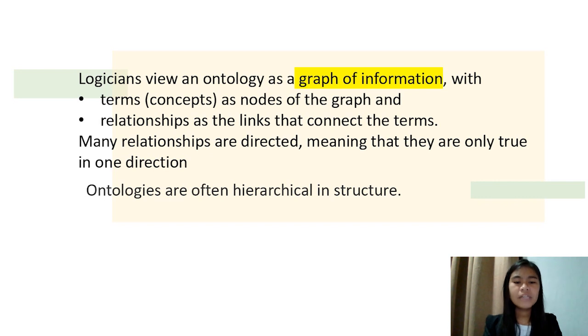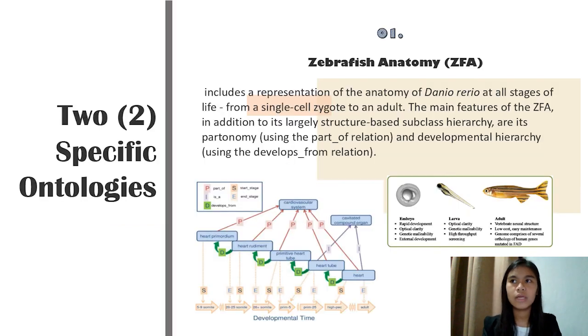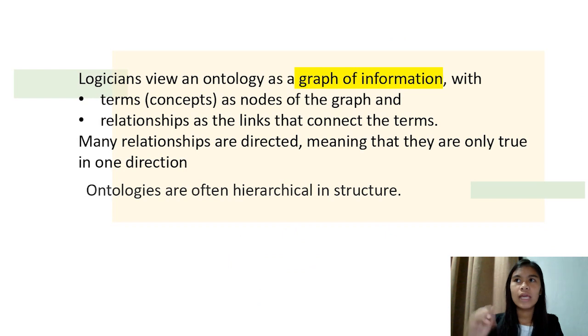Many relationships are directed, meaning that they are only true in one direction. For example, the nucleus is a part of the cell, but the cell cannot be a part of the nucleus. Simple as that. So ontologies are often hierarchical in structure. So it's an organization. It has levels.